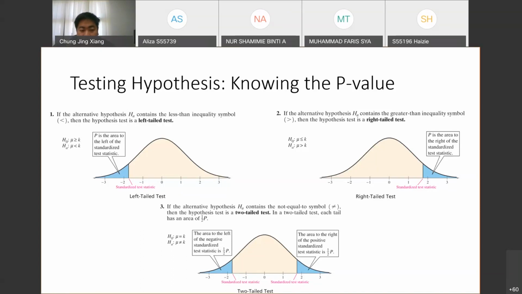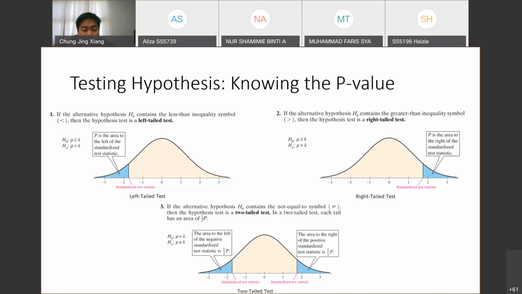Okay? So if your hypothesis is not equal, it will become a two tail test, like this, the blue one. So why is this important? Because the difference of this test will decide the value of your P. You already decided it's 0.05.